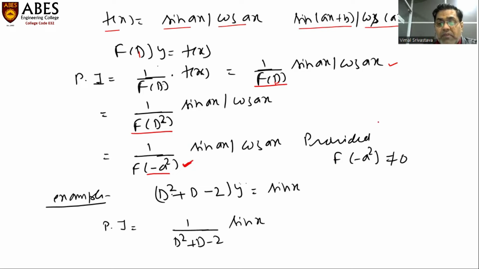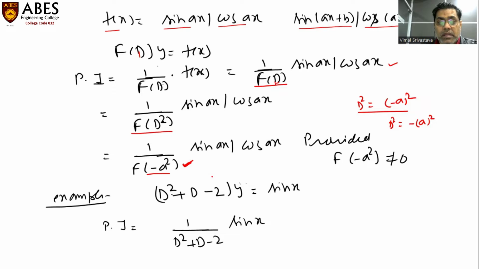In general, what we have found is that students in place of D square put minus a square, which is wrong. Actually D square will be replaced by minus of a square. So first we do a square and then put the minus. That is, D square will be replaced by F of minus of a square, sin ax or cos ax.